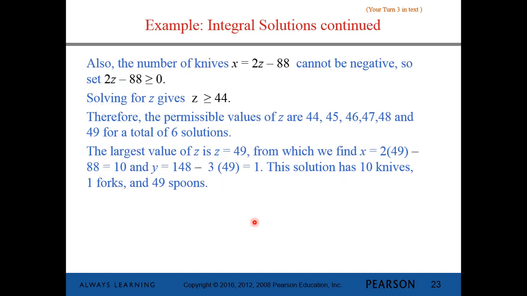Now, what about the knives? Let's do the same thing for knives. You can't have negative knives either, so this also has to be bigger than or equal to 0. This one solves to z greater than or equal to 44.